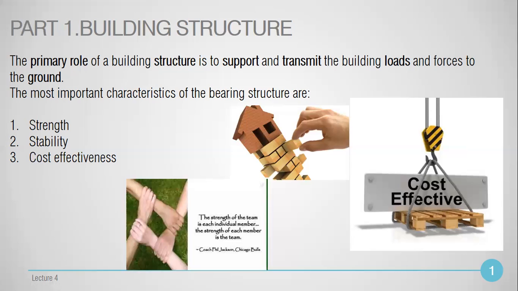Cost effectiveness. Cost effectiveness depends on choices made regarding how the structure will carry the loads, so the structural system used and the materials chosen. In the case of residential buildings, effectiveness is very important.